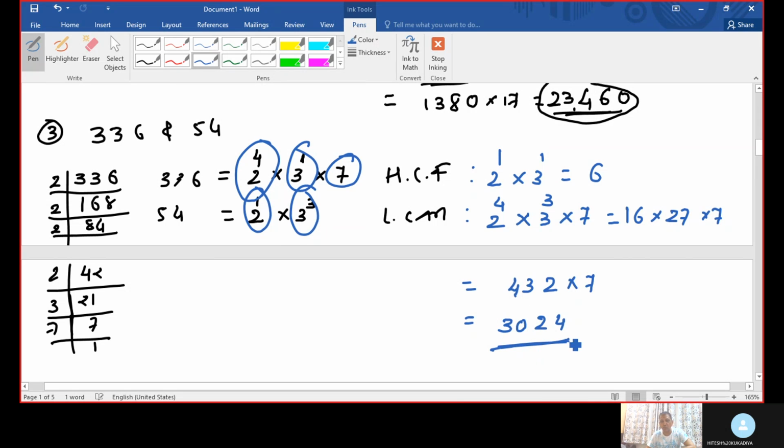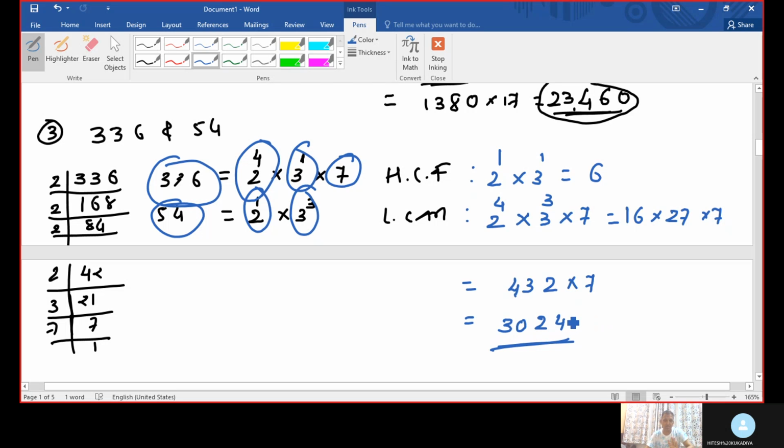So 3024 is your answer, the LCM. Now check the answer. Speak your table of 336 and 54. We get the minimum value, the least common multiple is 3024. No number smaller than this is the LCM. Is that clear? In your textbook, only 3 plus 1 example, 4 sums are given in this type of question.